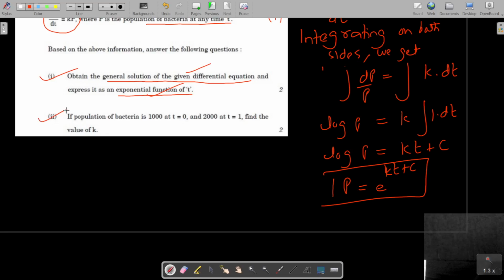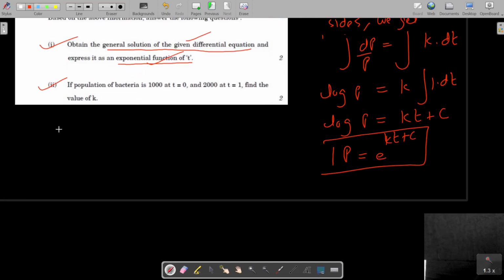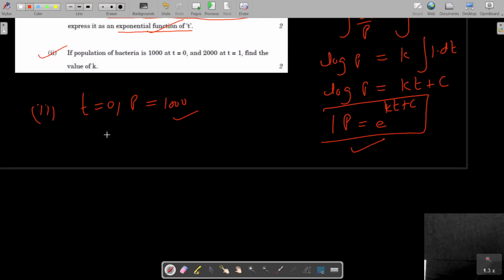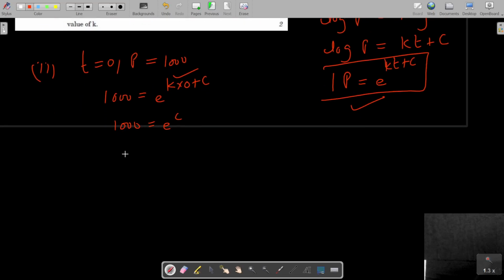Now, for question number two, it's given that the population of the bacteria is 1000 at t is equal to 0, so we are going to use this equation. When t is 0, P is 1000. If we put both these values in this equation, 1000 is equal to e raised to the power k into 0 plus c. So 1000 is equal to e raised to the power c, which gives log 1000 is equal to c.